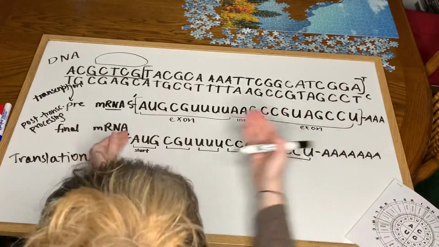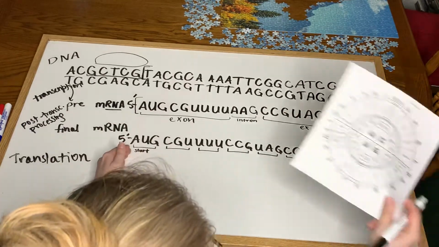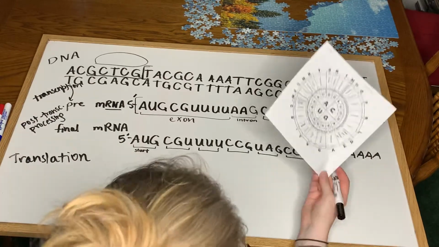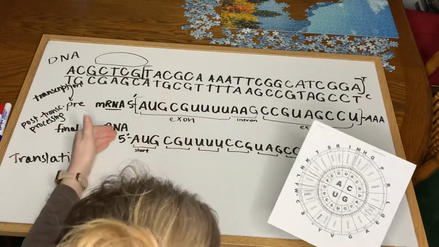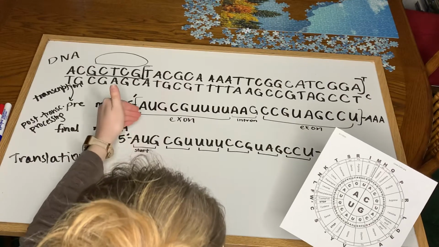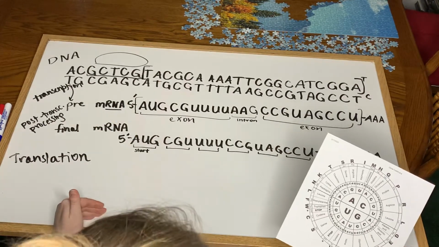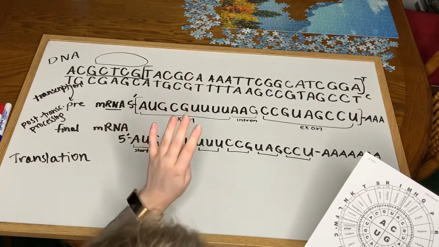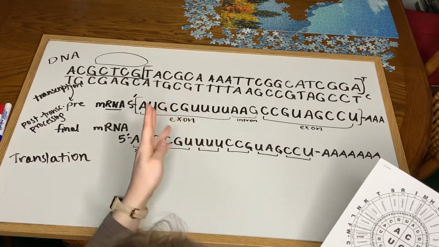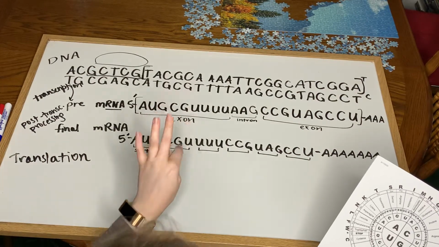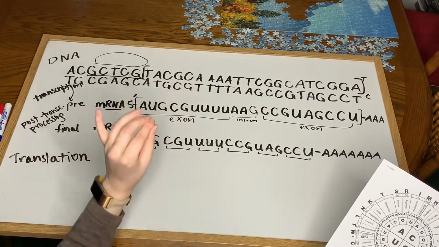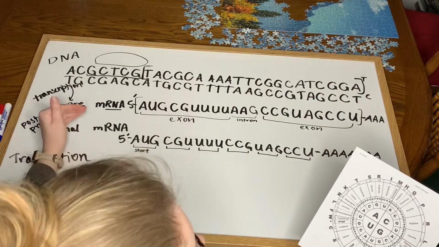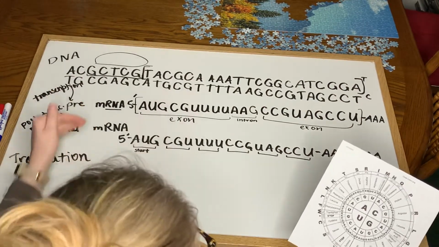Okay, so it starts with AUG, and this is when you pull out your handy dandy codon chart. Okay, the cell doesn't need this. The cell knows how to convert from RNA to protein. Remember, these are completely different molecules. We learned about 4 macromolecules in our biochemistry unit: proteins, nucleic acids, carbohydrates, and lipids. mRNA is a nucleic acid, while proteins are proteins.